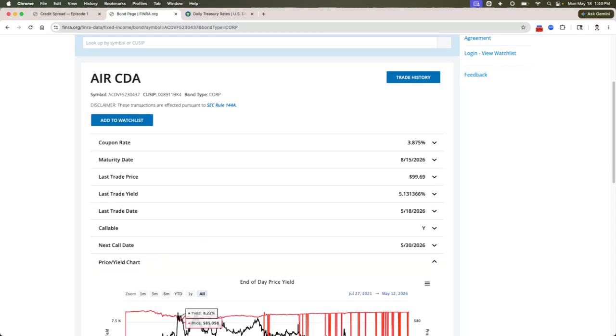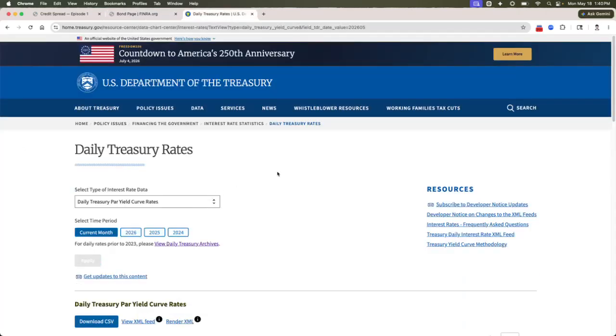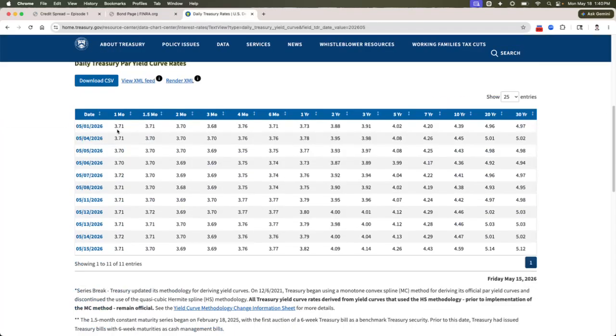Its yield at the moment is 5.13 as of recording, but if you see the treasury rate for 3 months, using US Department of Treasury data, the yield that you'll see over here is 3.68. This data is as of May 1st 2026, but it's good enough for approximation.